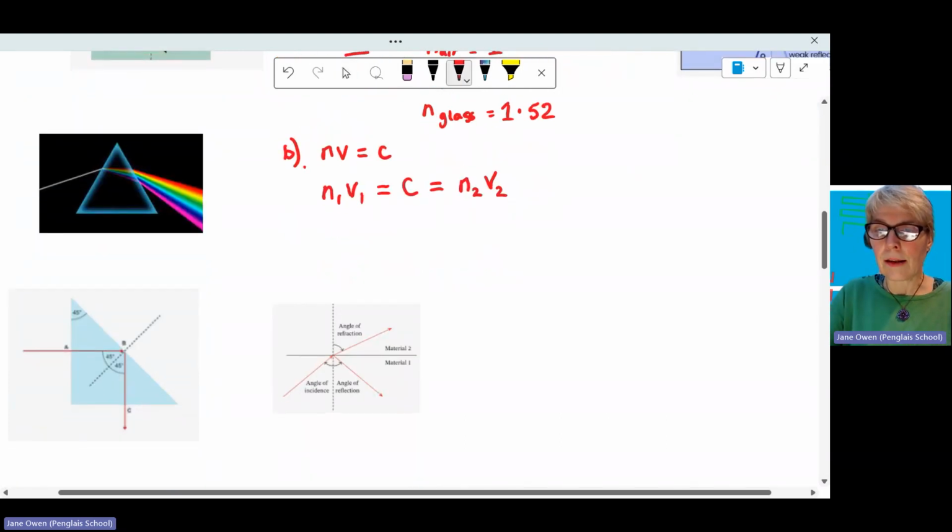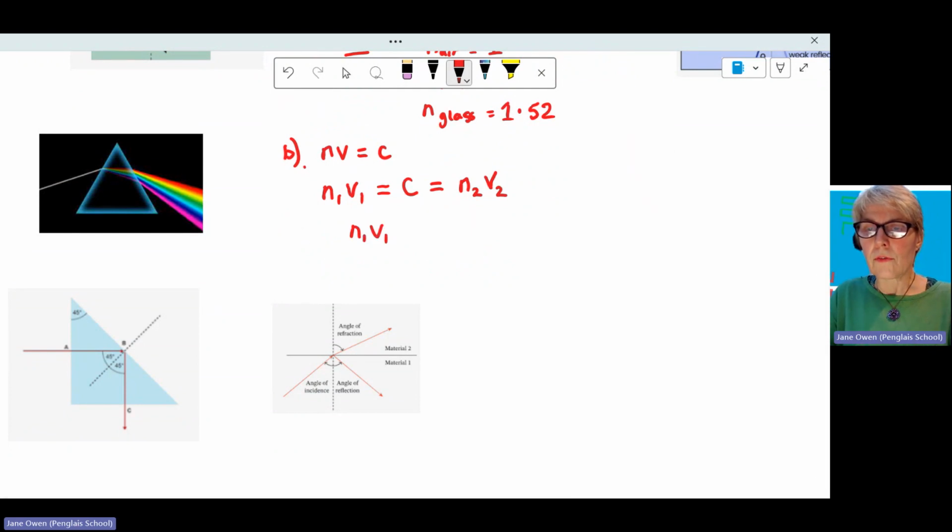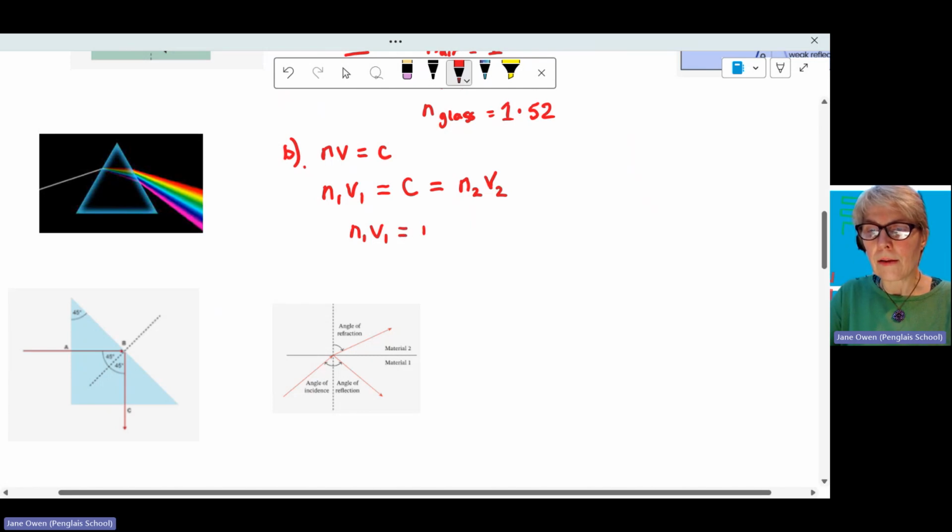So what we get is we have Snell's law. So the refractive index times the speed of light in that medium is equal to the refractive index in medium 2 times the speed of light in that second medium.